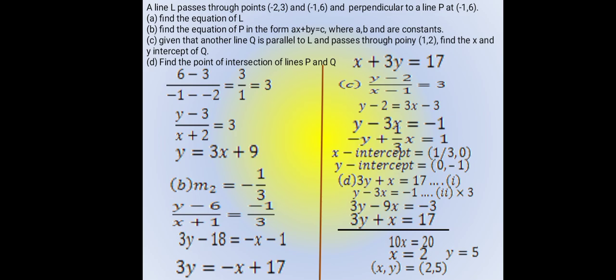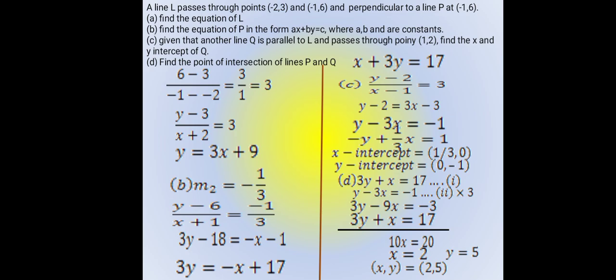Now, to find the intercepts of any line, we must write it in the form of 1 over b times y plus 1 over a times x equals 1. So our line which we have found is y minus 3x equals -1.